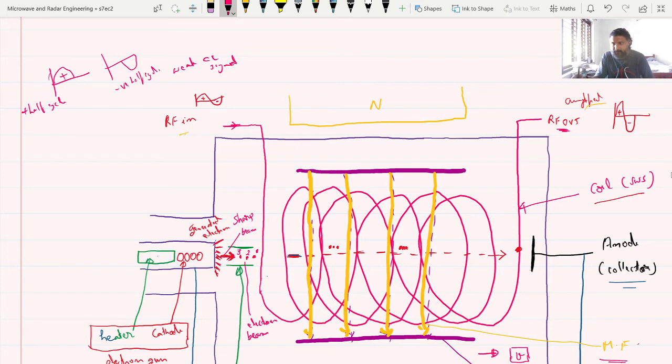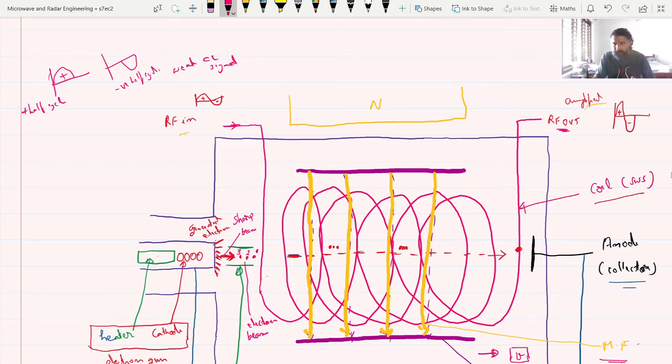The magnetic field direction will be from north to south. So there will be a magnetic acceleration happening to this electron, which is traveling towards the anode and being accelerated because of the positive voltage given to the RF in.